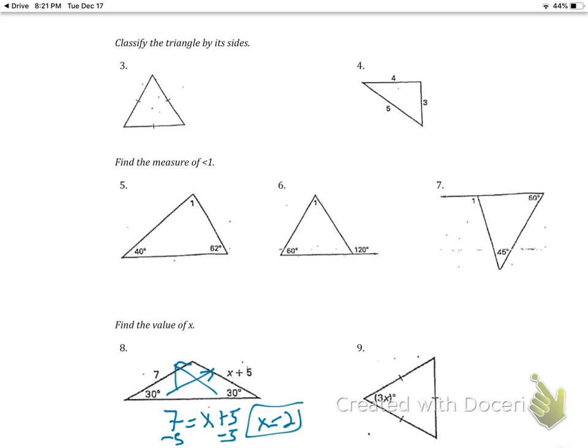We see you have 3 congruent sides, which means all the angles are congruent. If you don't just remember that this is 60, you can do 180 divided by 3 to arrive at 60 degrees. And then we take that 3x and set it equal to 60. We divide by 3. X equals 20. That looks like a 28. I'll rewrite it, 20 degrees.